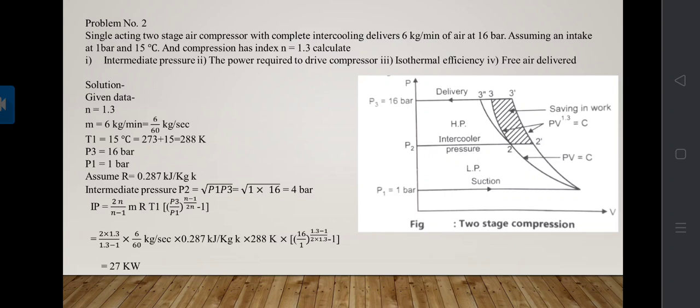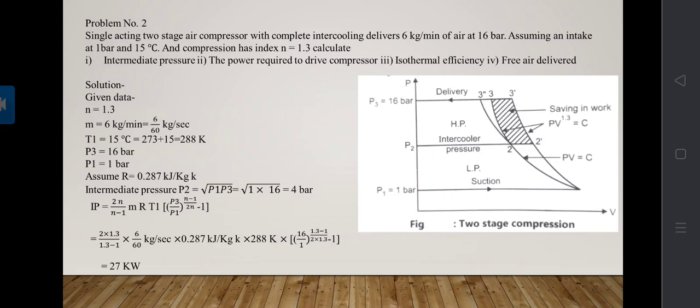So we calculate P2 is equal to under root P1 into P3. By putting the value of P1 as 1 and P3 as 16, we got the intermediate pressure value as 4 bar.